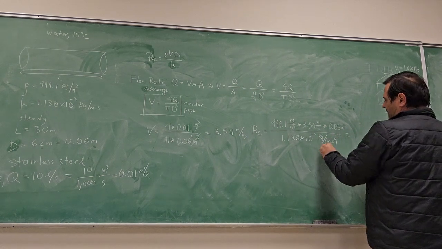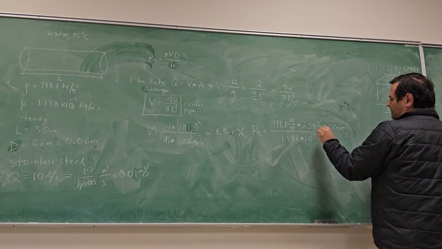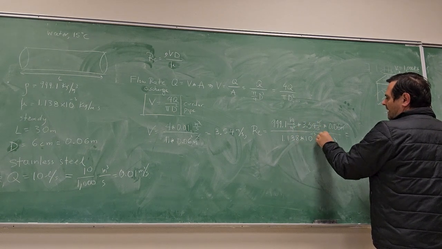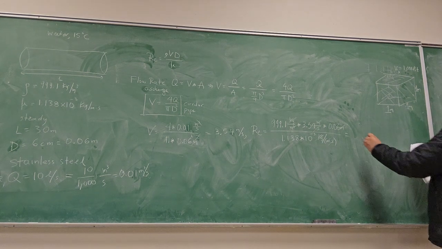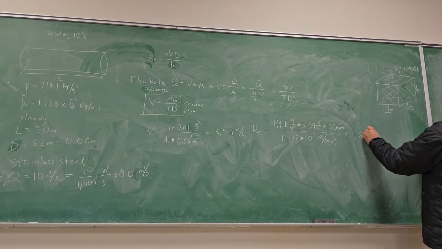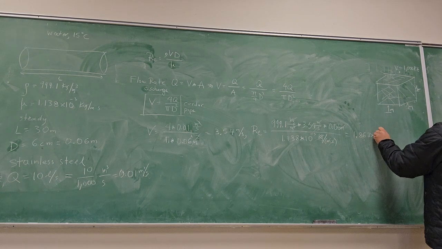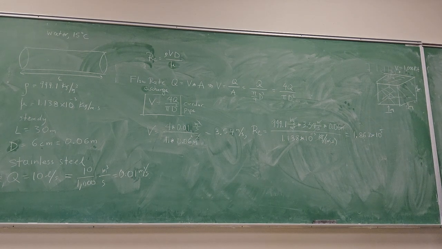If you do the calculations, all the units will cancel, and your Reynolds number is going to be 1.863 times 10 to the power of 5. It's about 186,000.